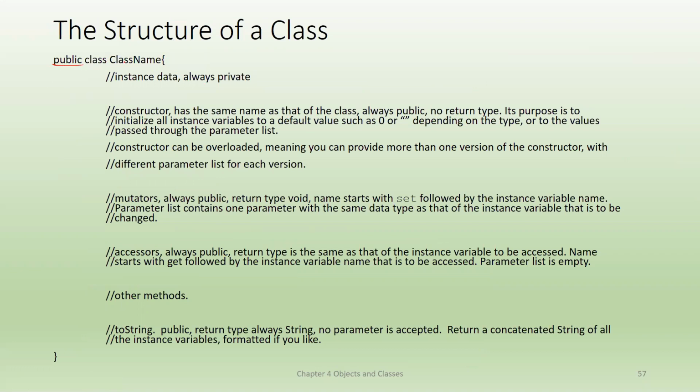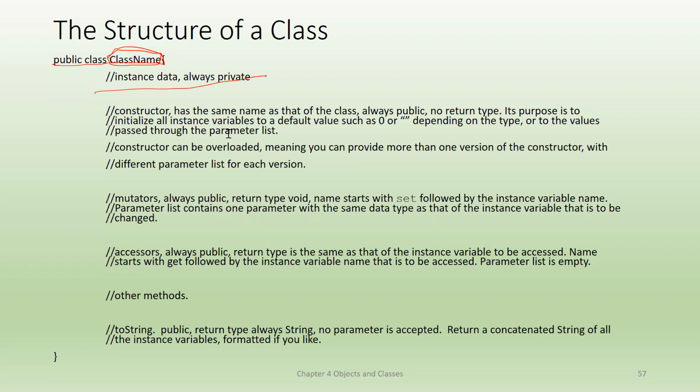So public class, the class name is in title case, uppercase, okay. Declare your instance data. They are always private. Constructor has the same name as the class, always public, no return type. Its purpose is to initialize all instance variables to a default value such as 0, depending on the type, or to the values passed through the parameter list.